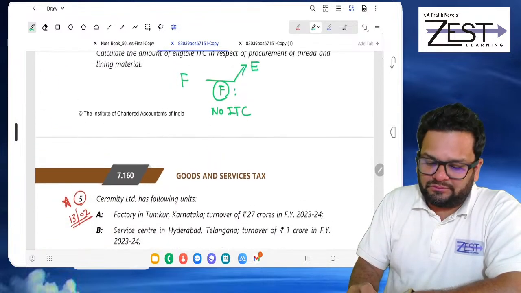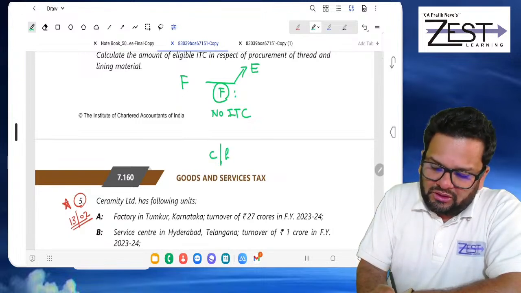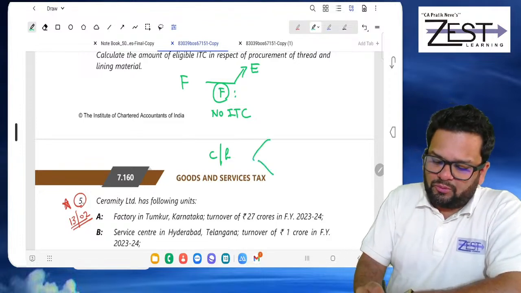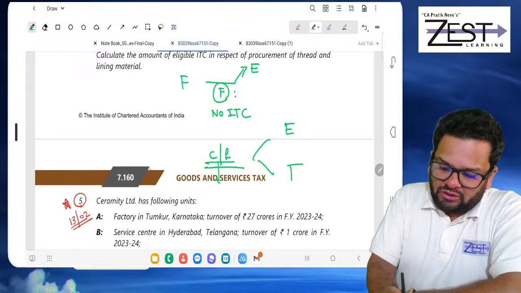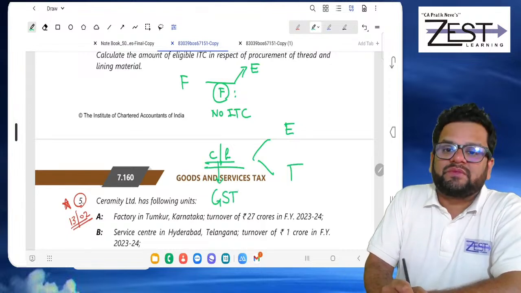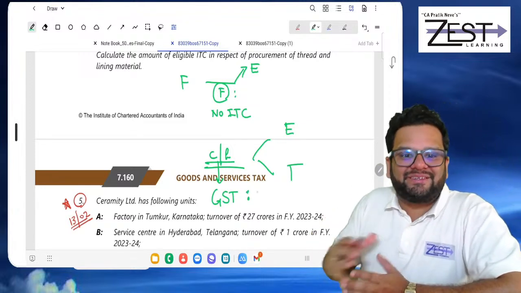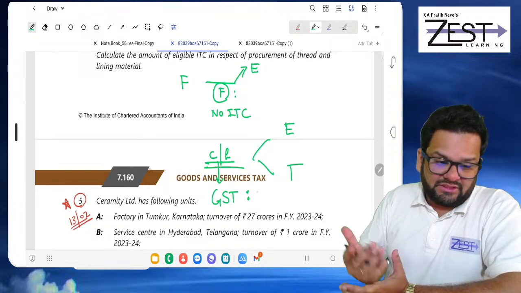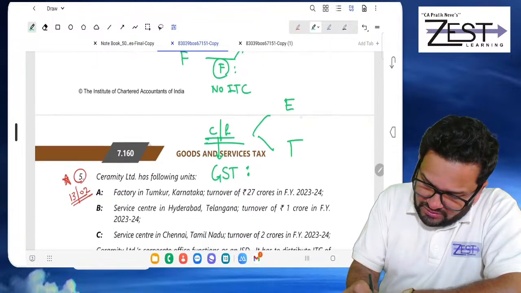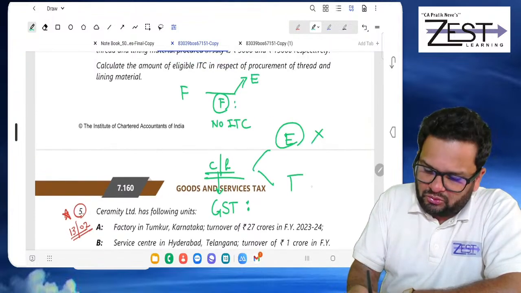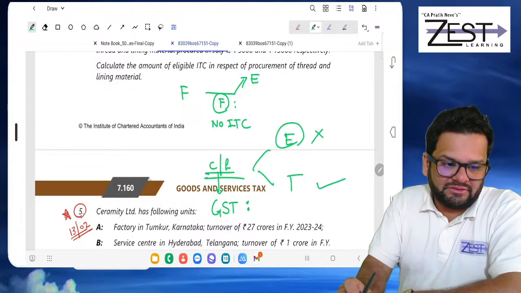So this is used for both exempt supply as well as taxable supply, and there will be a common credit. In that ITC, this part will not be allowed and this part will be allowed. Do you all agree with me?